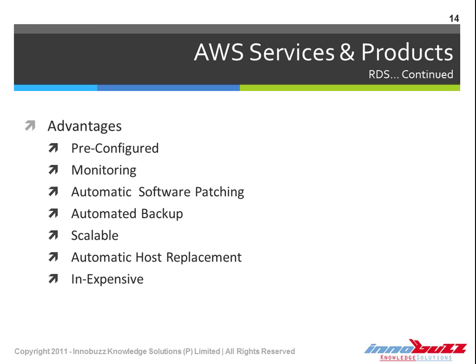It also has a feature of automatic host replacement. In case of any hardware failure in our RDS instance, Amazon automatically detects it and the host will be replaced automatically, and our data will be persistent. And it is inexpensive because RDS is taking care of our database server.